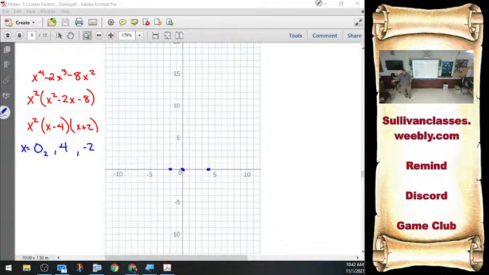How do you find the y-intercept? Figure it out. Put it in the calculator.